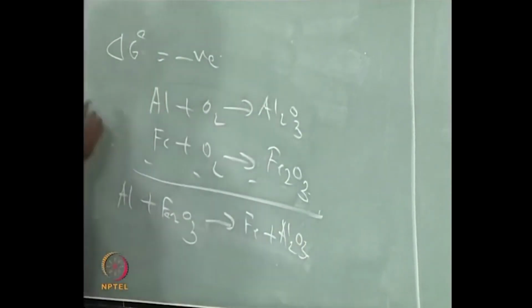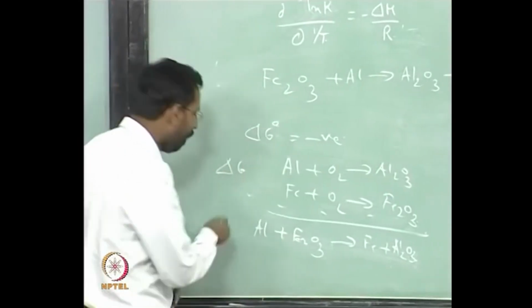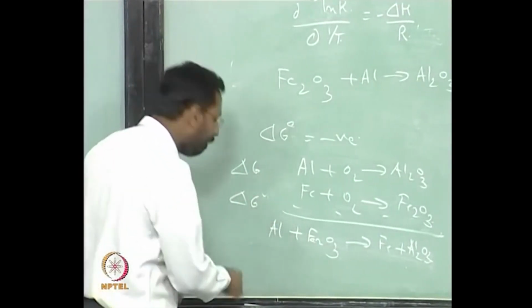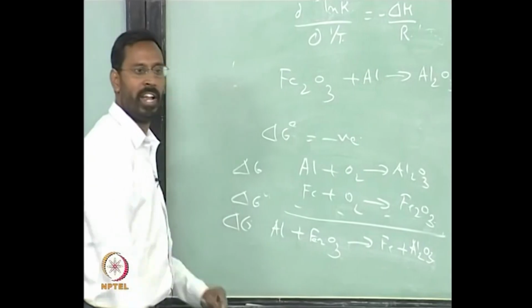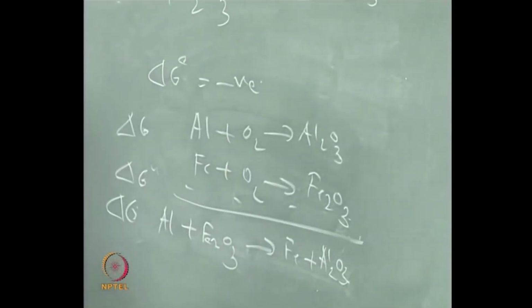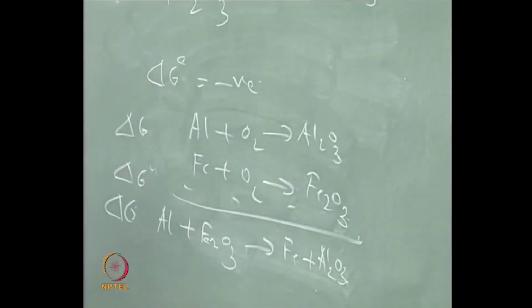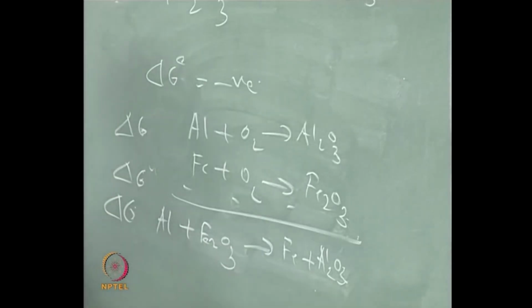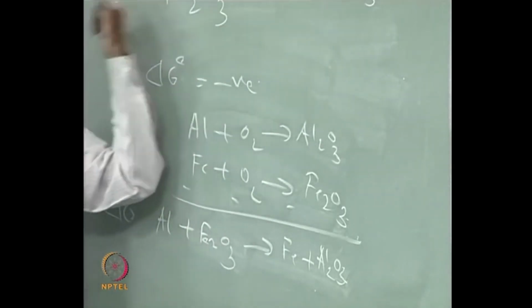So I have the delta G naught of each of these reactions, and I will be able to find out the delta G naught of this reaction at a particular temperature. If it turns out to be negative, then yes, this reaction would happen. If it turns out to be positive, then the reverse will happen.